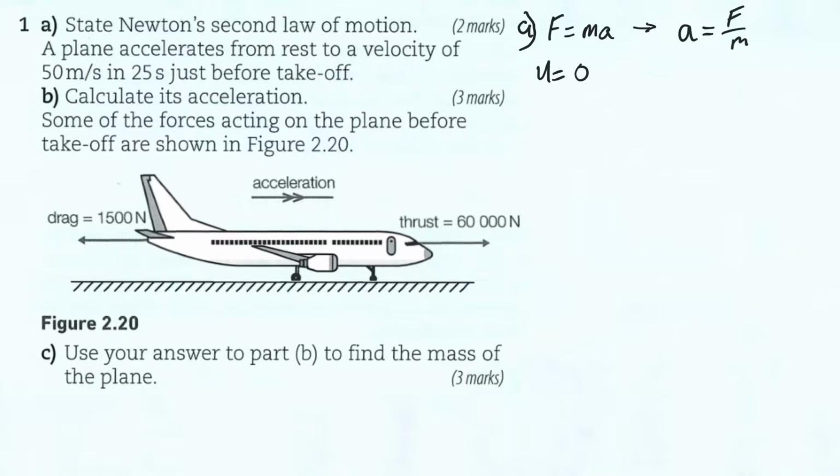So initial velocity u equals 0, final velocity v is 50 meters per second, and the time is 25 seconds. So the acceleration is v minus u over t, the change in velocity over the time, and that's going to be 50 minus 0 over 25, which will give us 2 meters per second squared.